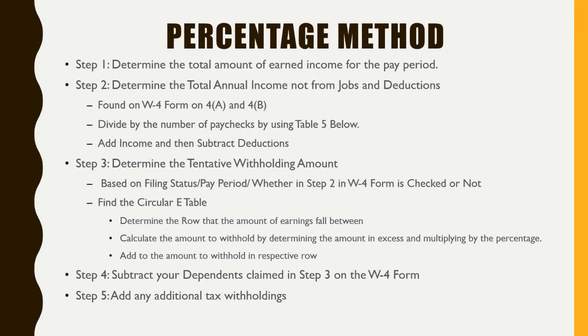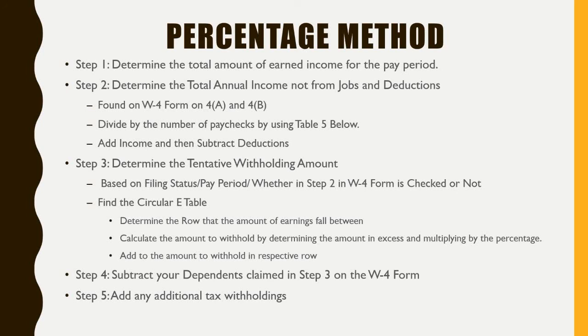So let's talk about how we actually use this percentage method and how we're going to claim it. Step 1 tells us we're going to be determining how much that individual has actually earned. So this is where we're going to be calculating gross earnings. And we're going to be getting all the information that's on their W-4 form.